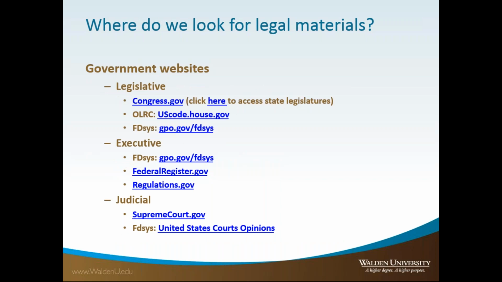Where do we look for legal materials? Really in two different places, but those two different places contain multitudes of places within them. One is government websites, and I've just listed some of the more frequently utilized and helpful ones here, but there are hundreds of government websites, and I do go into more detail on these in a separate government documents webinar.